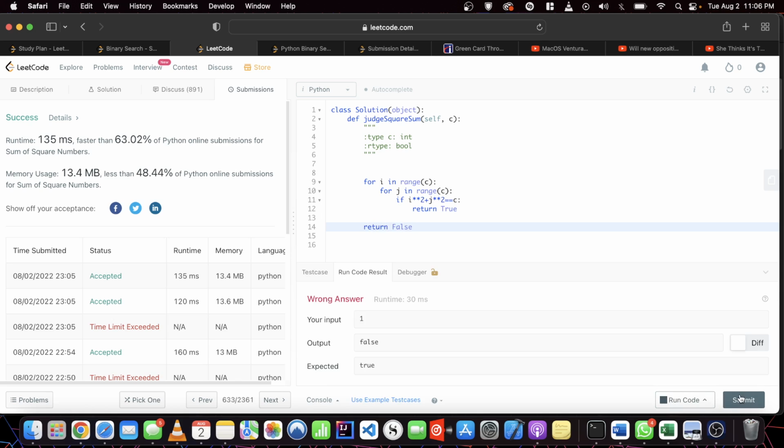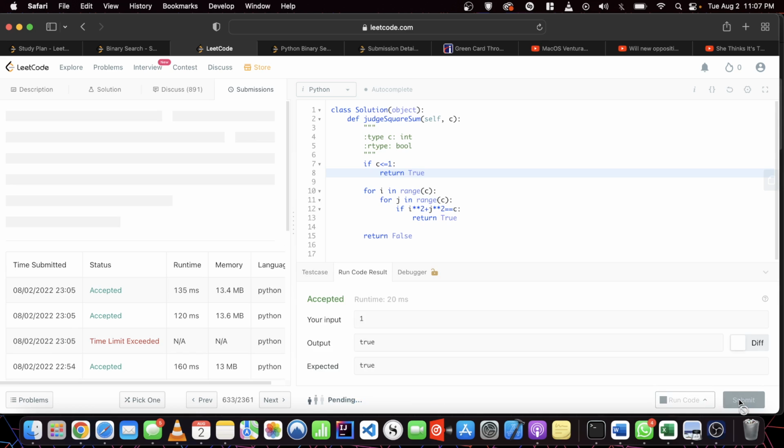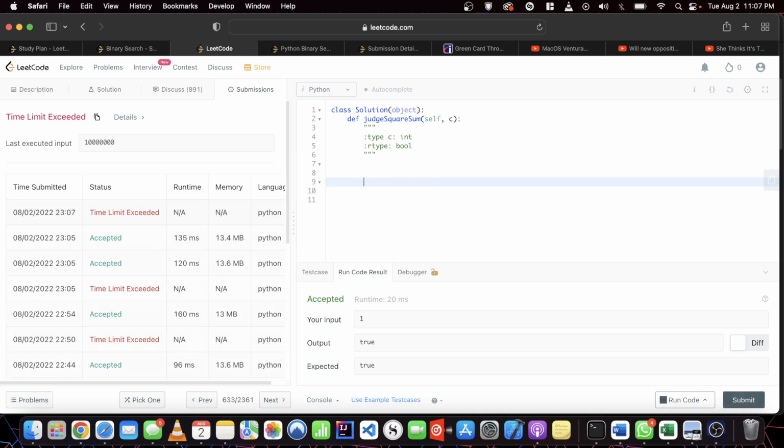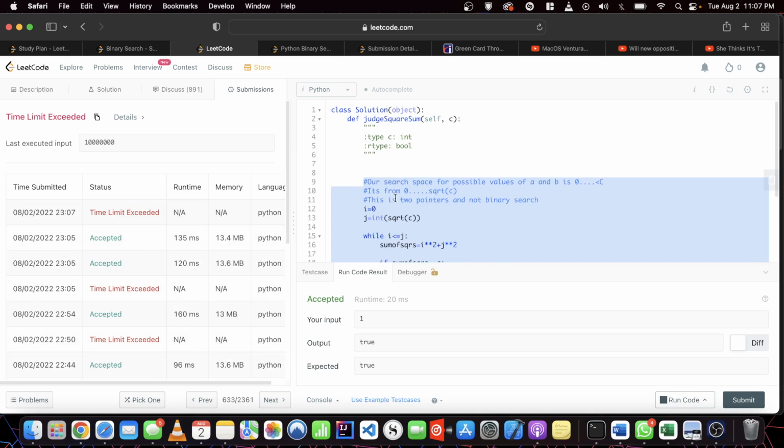This also works. You have to deal with the edge cases, so if c is less than or equal to 1, you return true. This should work as well, but it exceeds the time limit.